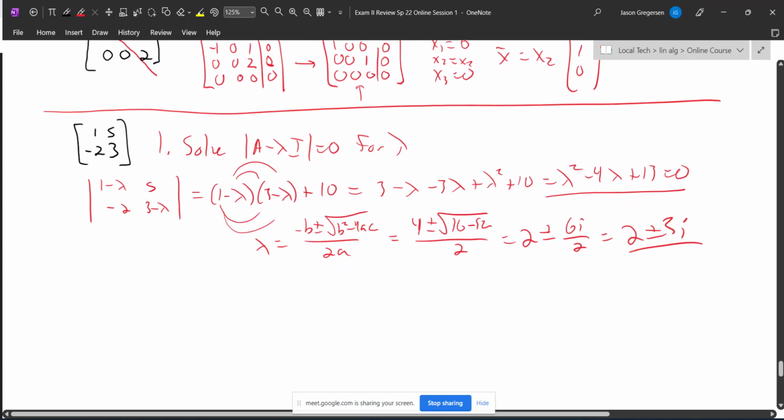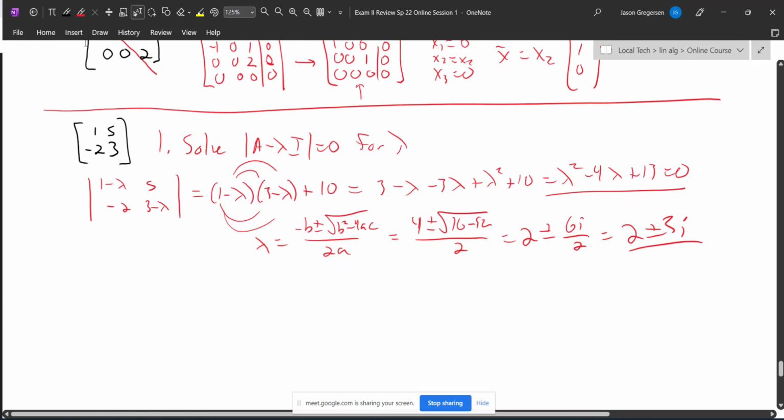Now from here, I'm going to calculate my eigenvector. And I'm going to do it a little bit differently, actually, than I did it in the instructional video. I think this newer process is a little more straightforward. So I'm going to let lambda equal 2 minus 3i. There's my eigenvalue.